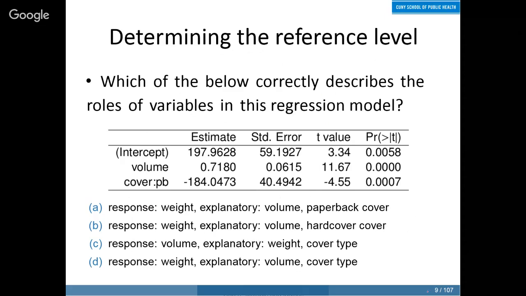Okay, so we can get rid of C. Okay, the explanatory variables. Let's see, volume, yes, and paperback cover, or cover type. We could kind of say either of these.